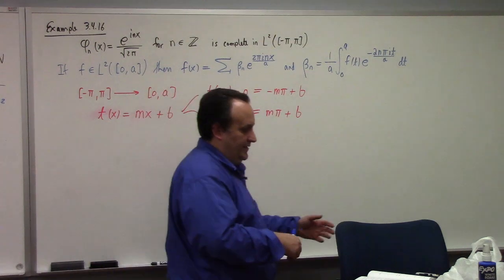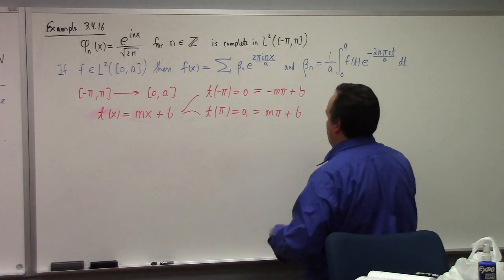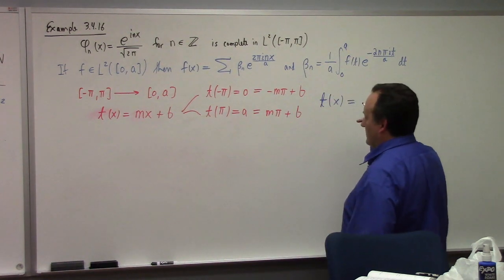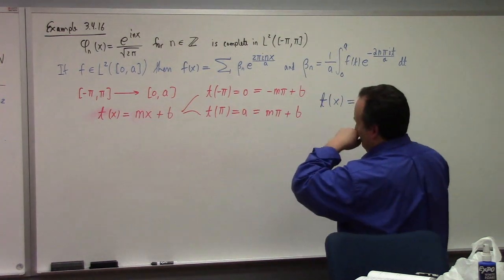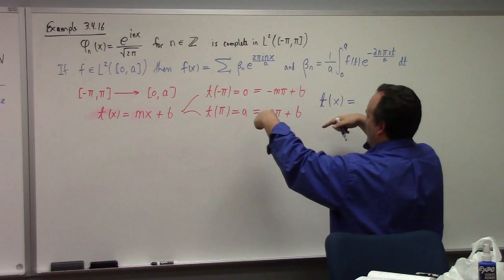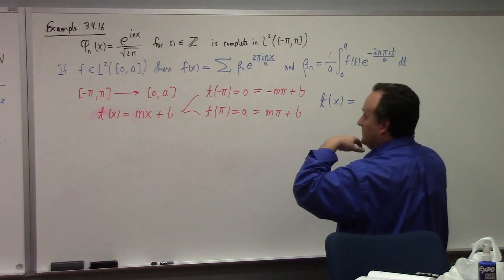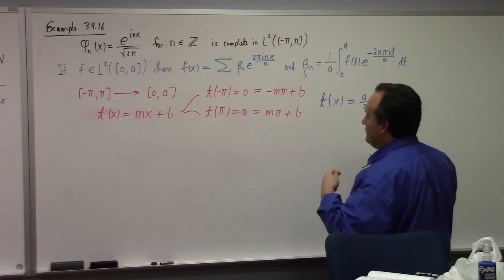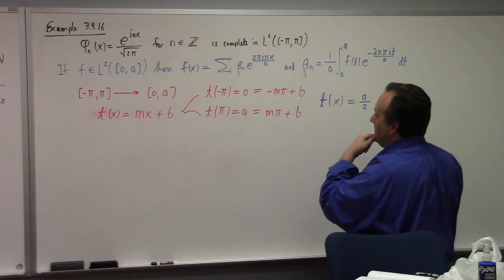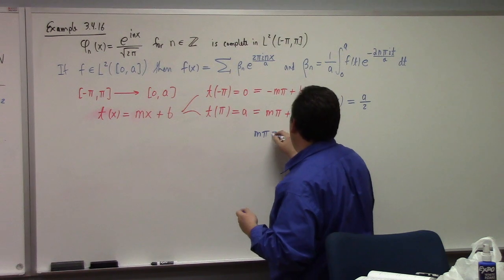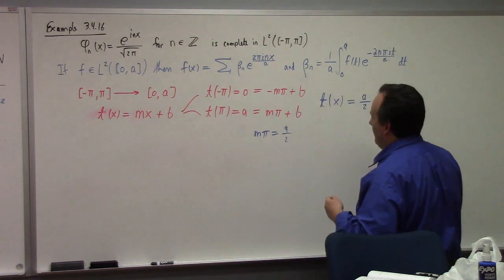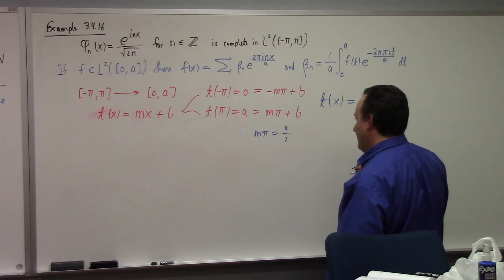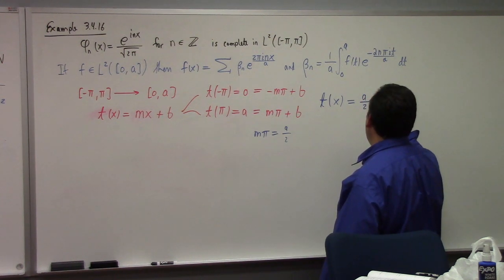If I was more awake, I wouldn't have to do the algebra. If I add these equations, I get a equals 2b, so b is a over 2. What's my m? I think m is a over 2 pi.